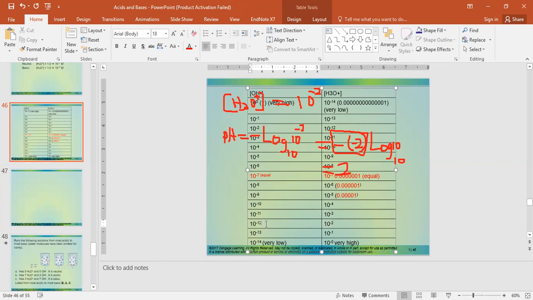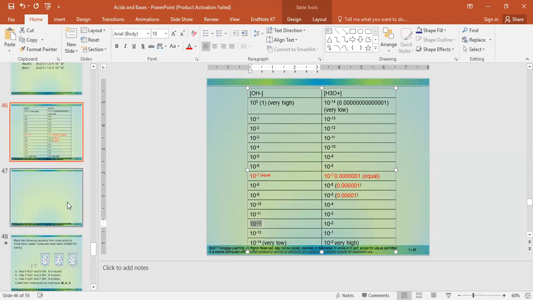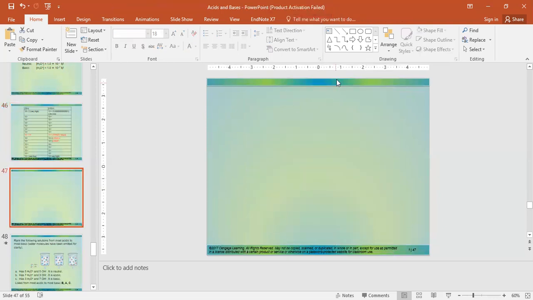So supposing that we use this value, look, because the corresponding value for the hydroxyl ion is 10 to the power minus 12. Supposing that we use that value, are we going to get the same pH? The answer is yes. So will you allow me to demonstrate? Yes, please.